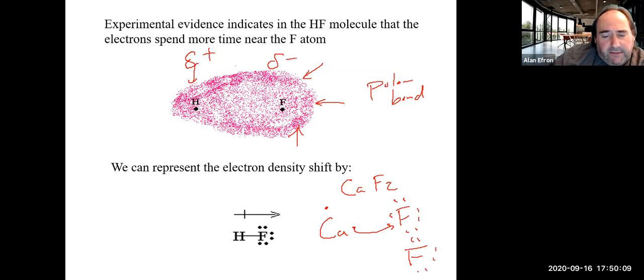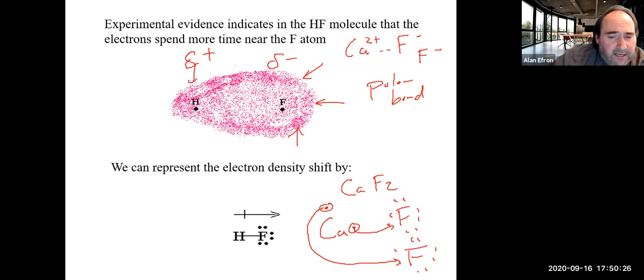And again, this is why when we look at something like calcium fluoride versus what we're talking about here, because there's been a complete transfer of these electrons from the calcium to the fluorine, each of the fluorines ends up with a full negative charge. The calcium ends up with a full positive charge. And again, it's that attraction that holds those guys together. And that's what makes an ionic bond, which is very different than what we're talking about here.